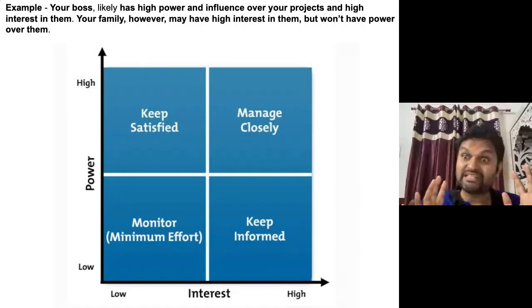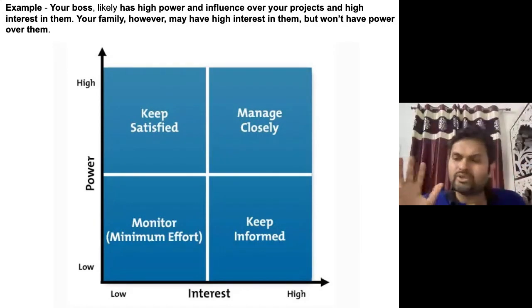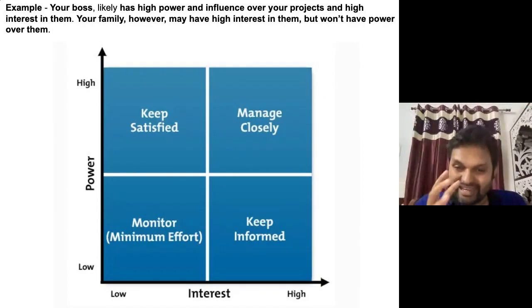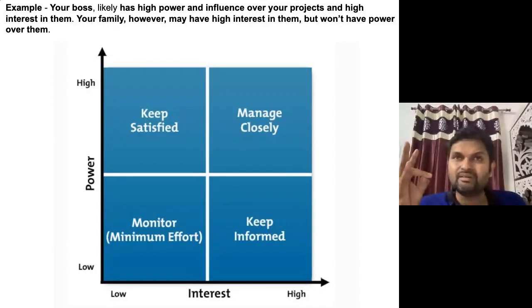Next, interest is low but power is high. Keep them satisfied. As a local politician, I'm not interested in your project, but I am very powerful. You need to keep me satisfied. Interest is high, power is high. Manage them very, very closely. It may be your client, the municipal corporation giving the permission, or the landowner who has a joint venture with you. They have high interest and even high power to influence your project. So you need to manage them closely.